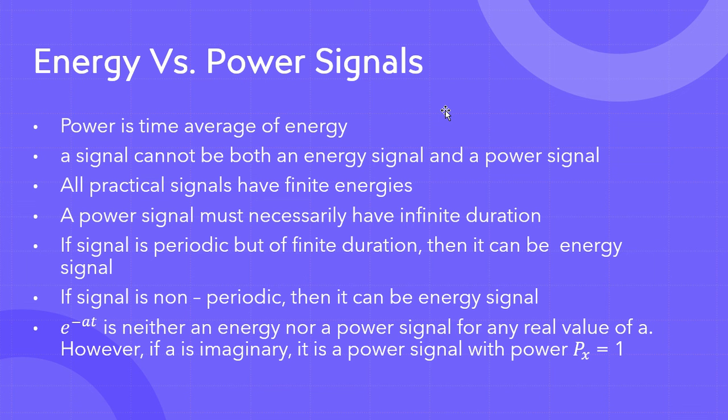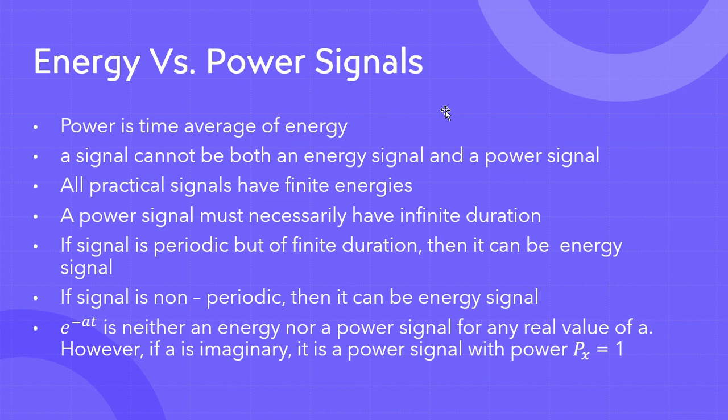And if the duration of a signal is finite, that means it cannot be a power signal. Okay, in order for a signal to be a power signal, it must have infinite duration. And any practical signal which we will take will not last for an infinite time duration.